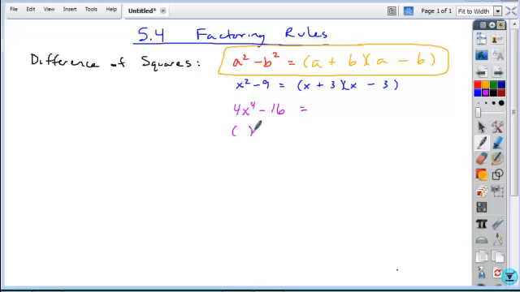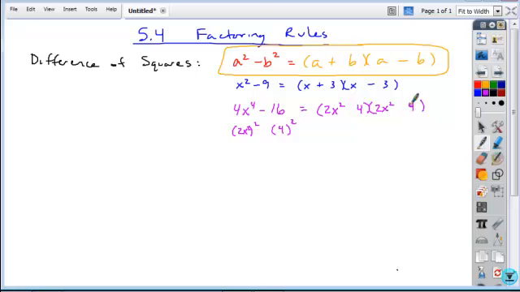What base can you square to get 4x to the fourth? You square what to get a 4? 2. Square what to get x to the fourth? x squared. And what do you square to get 16? 4. So you wind up with the same pattern: the difference of squares, so it factors into the sum and difference of these bases.